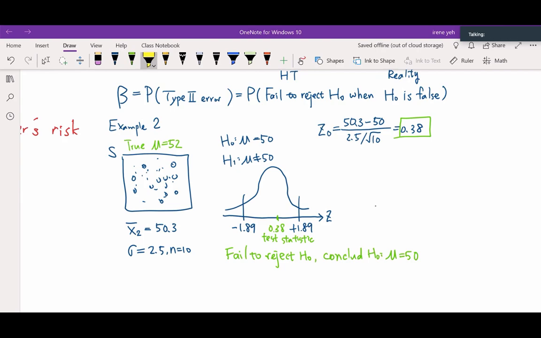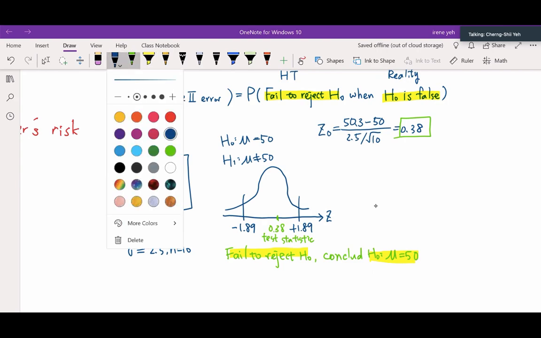Now, let's take a look at the conclusion and compare that to reality. My conclusion tells me my population mean is 50, but the reality tells me no, it is not 50, it's actually 52. So we fail to reject the null hypothesis, and the null hypothesis is wrong. This is when we make a type 2 error.